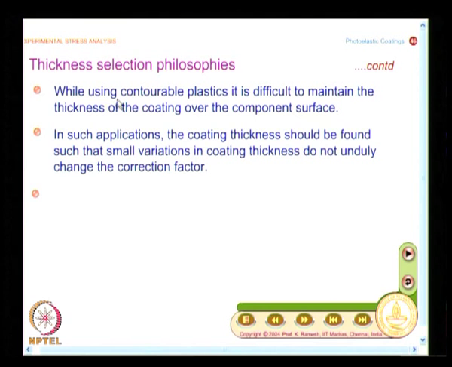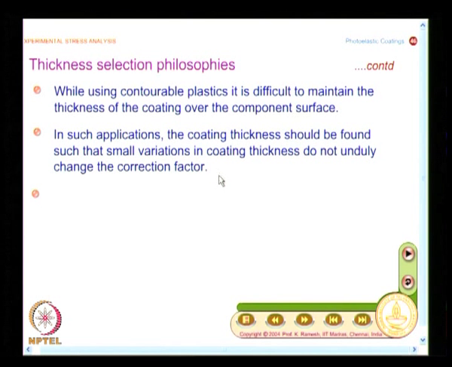While using contourable plastics, it is difficult to maintain the thickness of the coating over the component surface. So, in such applications, the coating thickness should be found such that small variations in coating thickness do not unduly change the correction factor.